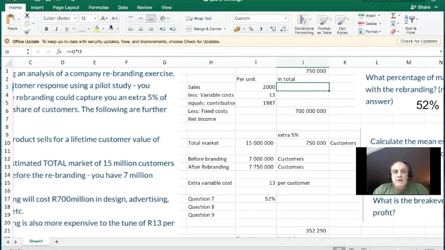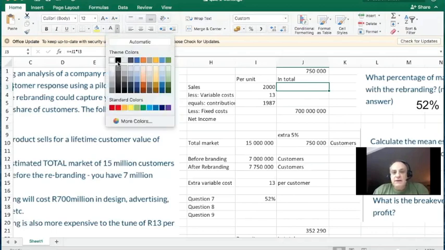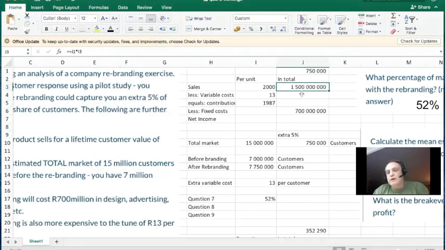So if I multiply that out and I take 750,000 times 2,000, that is going to give me 1.5 billion. So that'll give me that income. I then take 750,000 times the variable cost. So I'm really taking that minus that, which gives me the contribution. So I take 750,000 times that contribution, and that is going to be my total income.